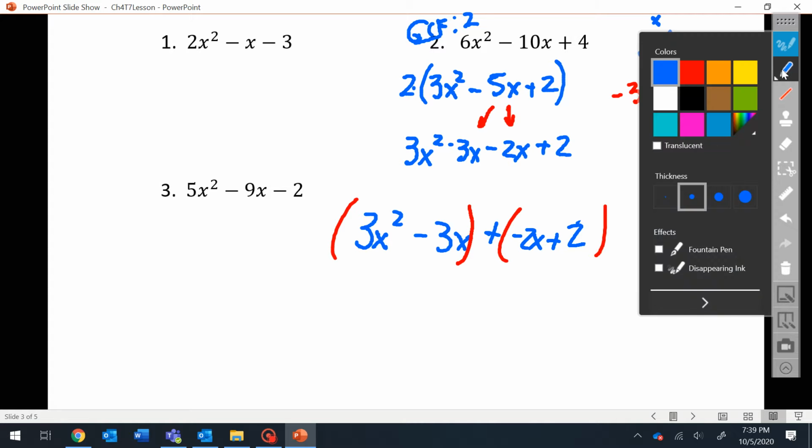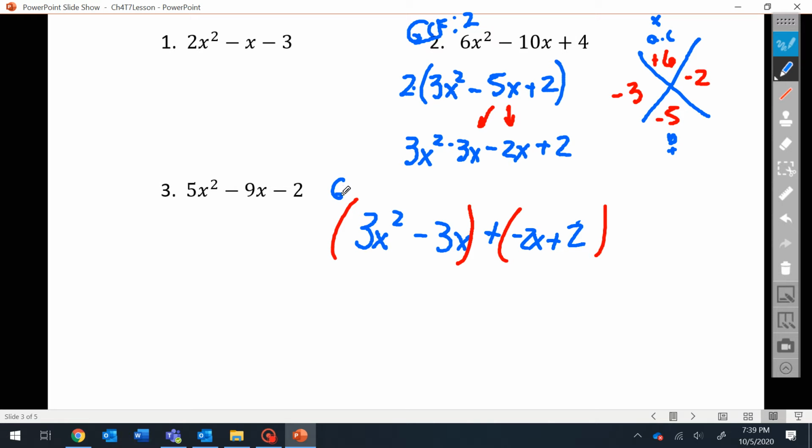Alright, so I'm going to factor out the GCF from each of these groups. The GCF for the first group is 3x. The GCF of the second group is negative 2. That's a negative because the first term is negative.